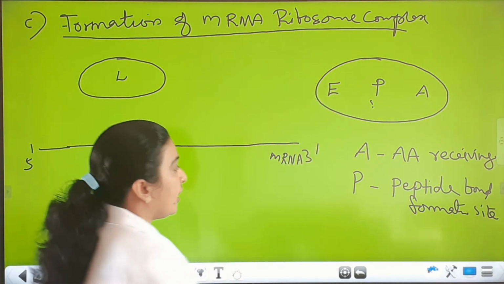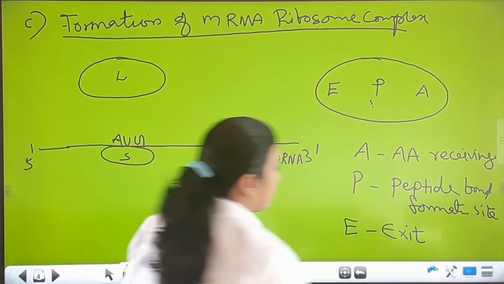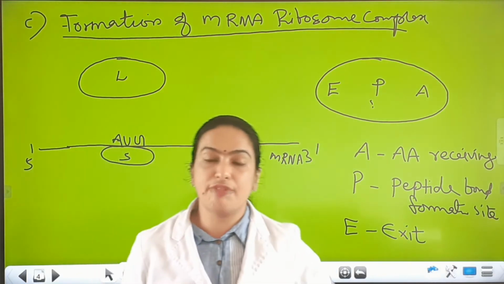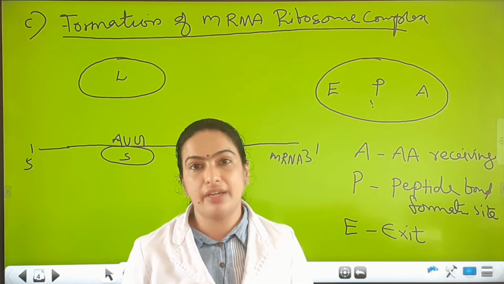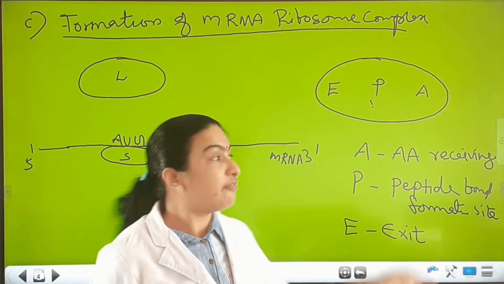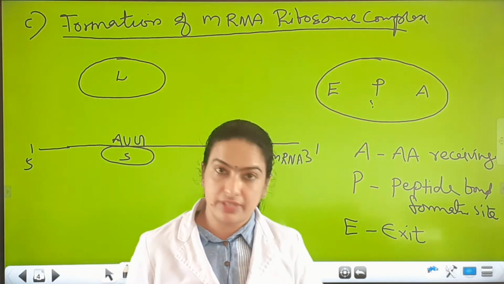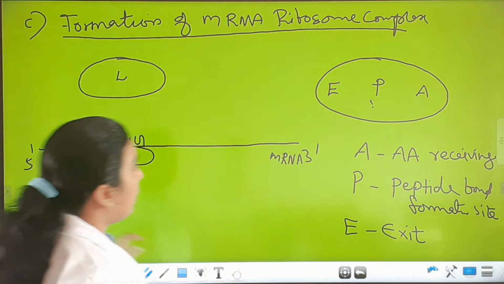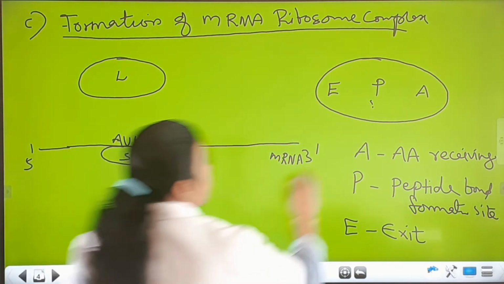And there is another site, that is the E site, the exit site. So the tRNA, after binding its anticodon with the codon of mRNA, gets released from the ribosomal complex through this E site, which I will show you in the video. Okay, these are the three sites of the larger subunit.